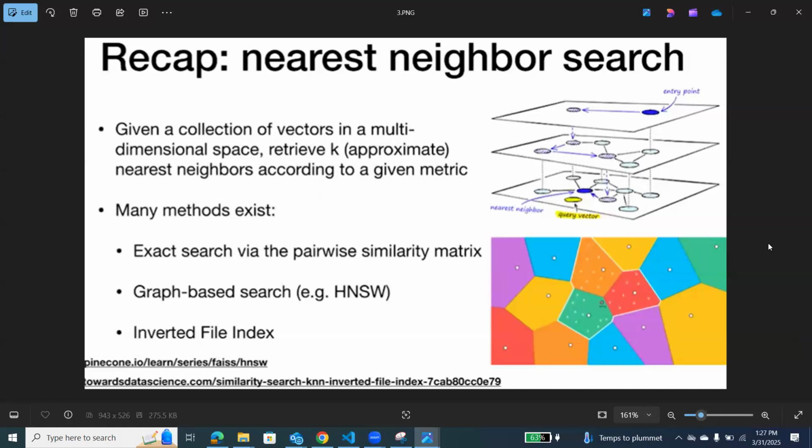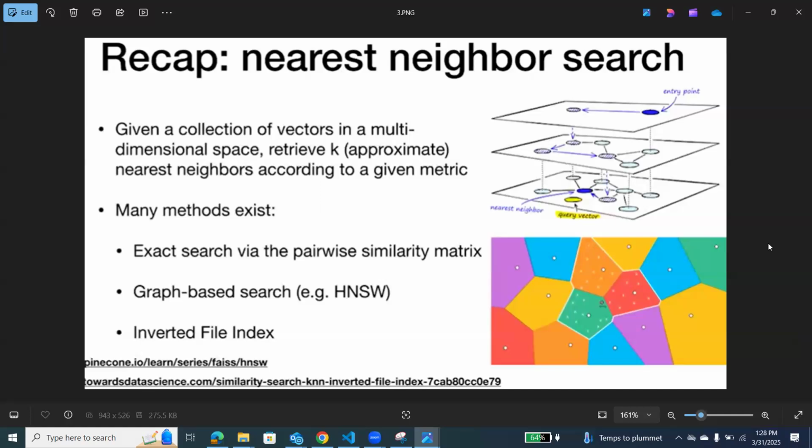So 10 years ago, a graph-based search algorithm for k-nearest neighbors was proposed, and it is used in FAISS, the library for this fast search from Facebook.